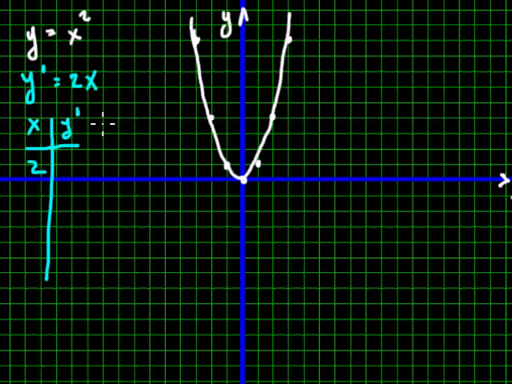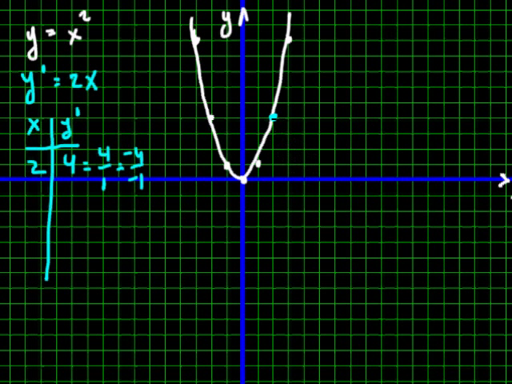And point 2 on the x is gonna give a slope 2 times 2 is 4. At this point on parabola, we can find what the slope is, and we calculate it's 4. And slope 4, you can think of it as 4 over 1, or 4 is same thing as negative 4 over negative 1.